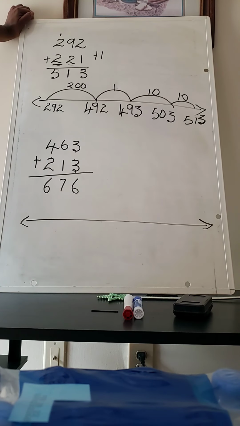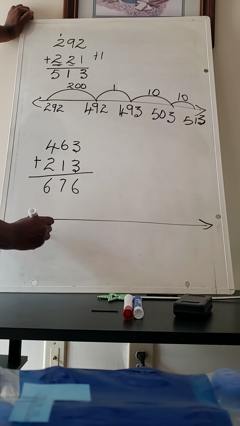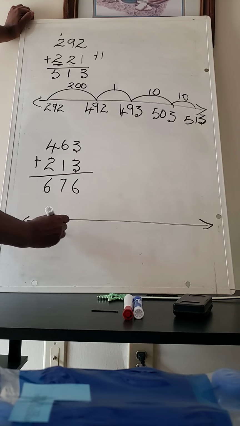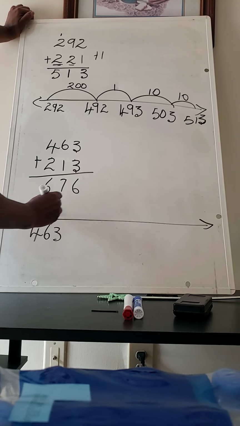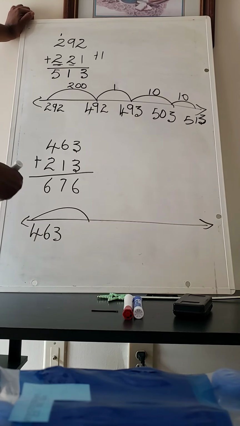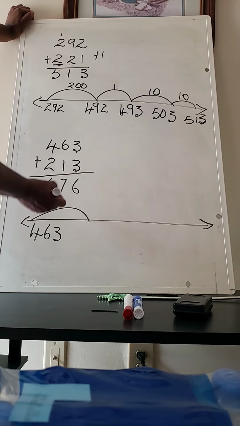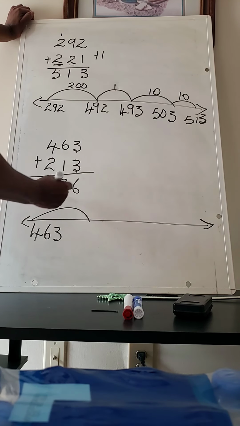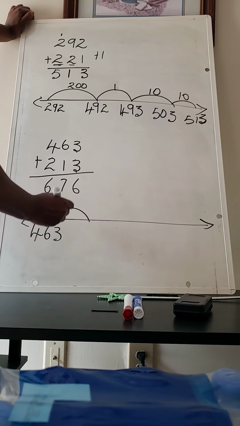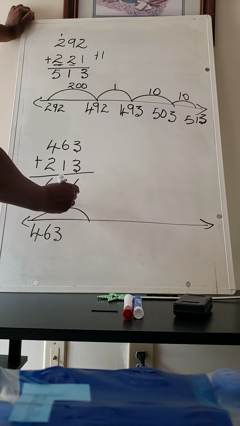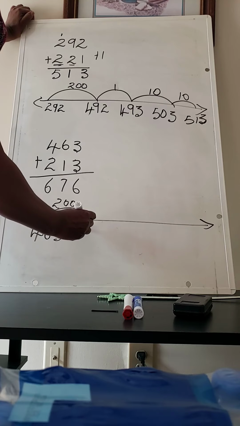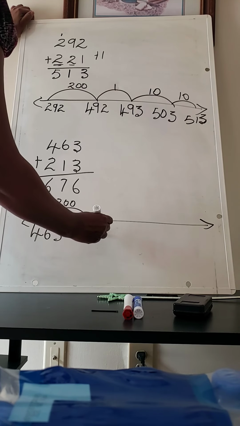So let's say this is our number line, and we're starting with our 463. And we're adding 200 first, or we could add it by hundreds, but 200, that's 663.